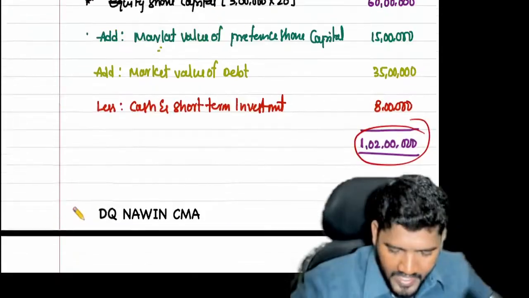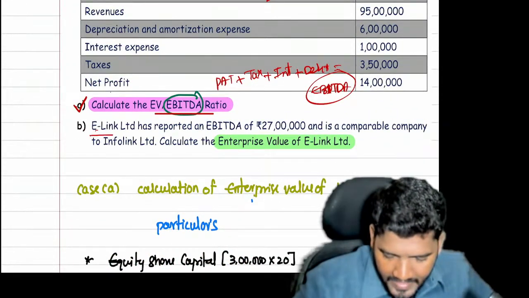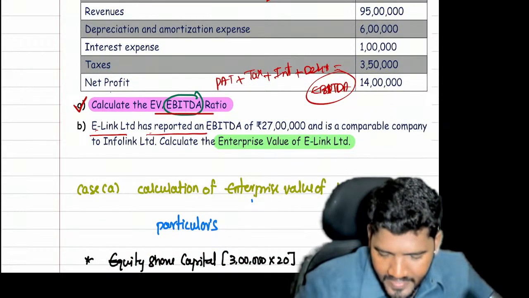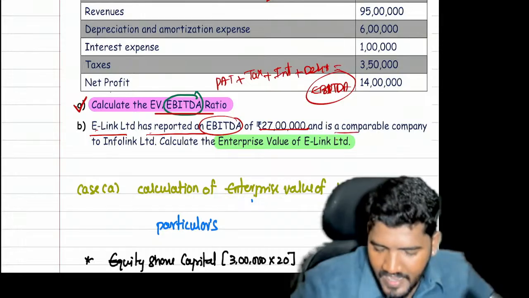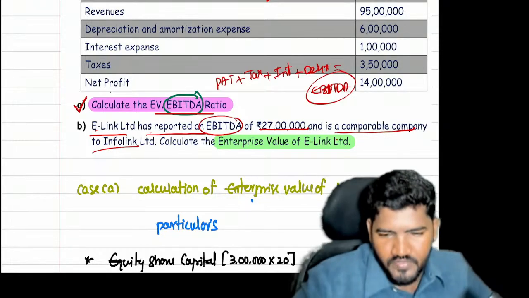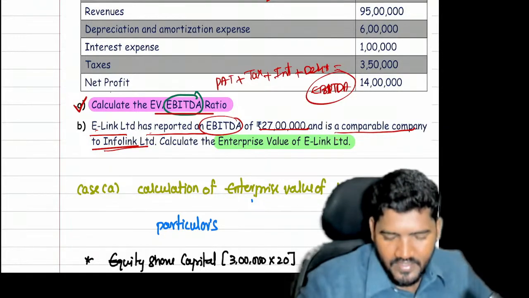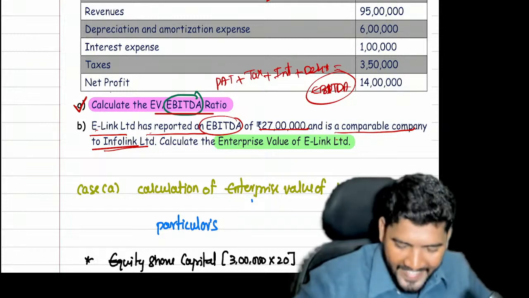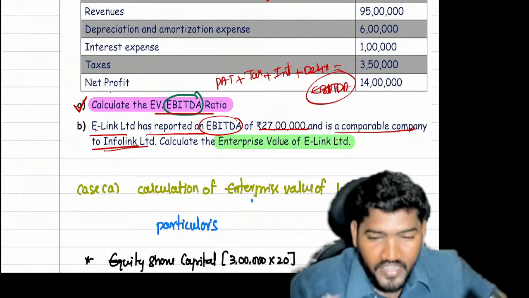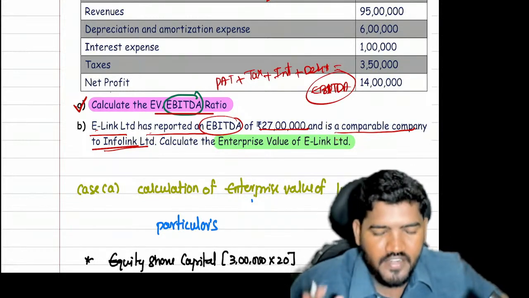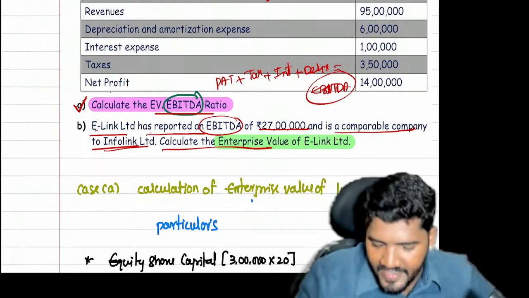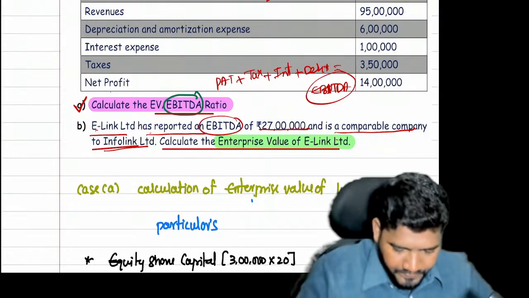Now case 2, they're saying E-Link Limited has an EBITDA of 27 lakh and is a comparable company to Infolink. So Infolink we calculated. We have to value E-Link, because E-Link doesn't have financial information. So calculate the enterprise value of E-Link. Simple.